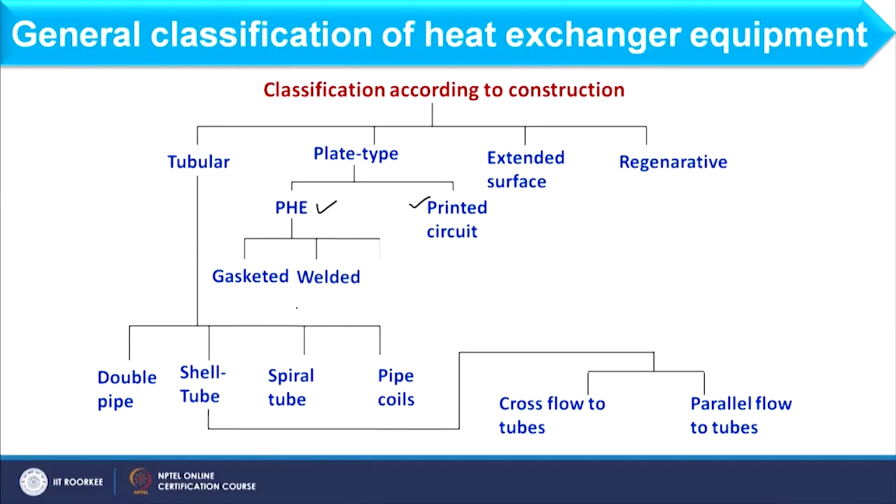These are basically gasketed type, welded type, and brazed type. Gasket type means we use a gasket over the plate. How we use this will be discussed in a subsequent slide. So, in some plates we consider a gasket, and that gasket is used to separate the fluids.